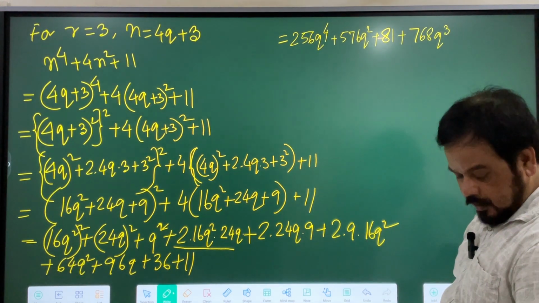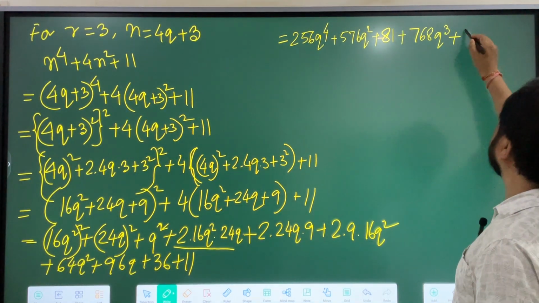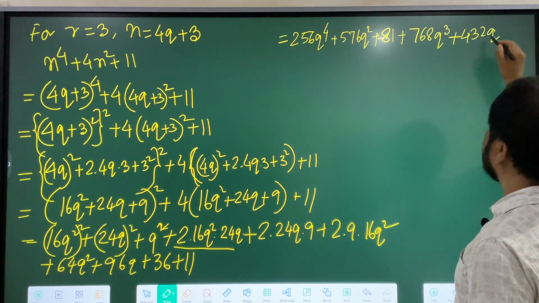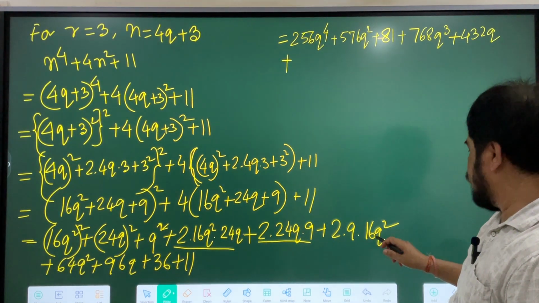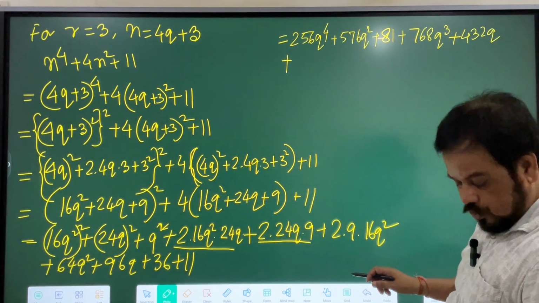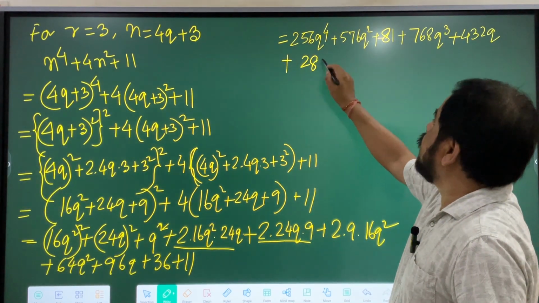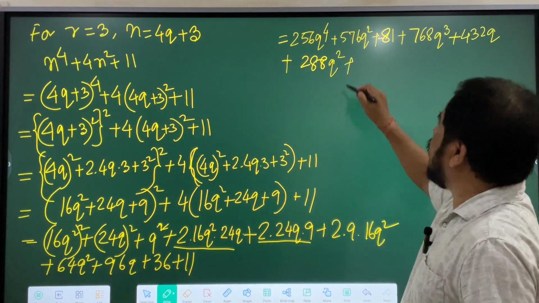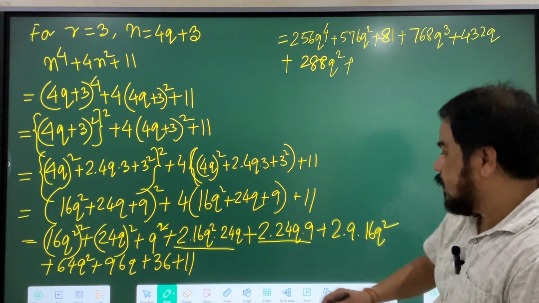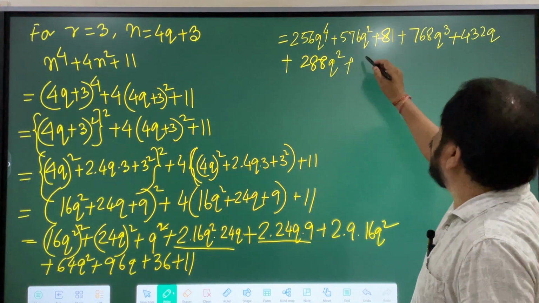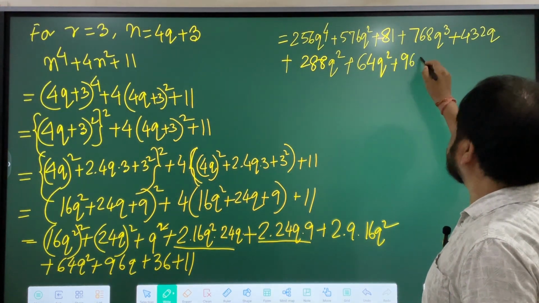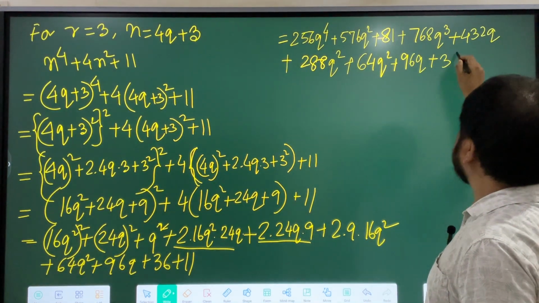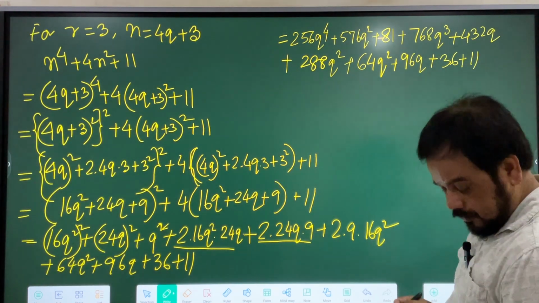Then 432 q cube plus this one 432 q cube. This one 288 q square, plus this one as it is 64 q square plus 96q plus 36 plus 11.